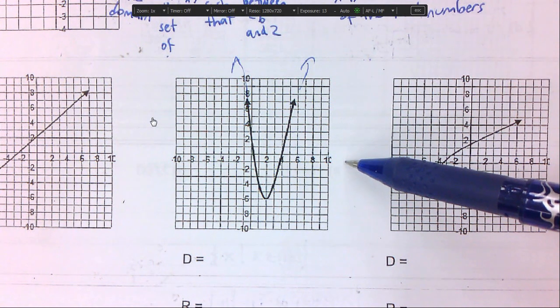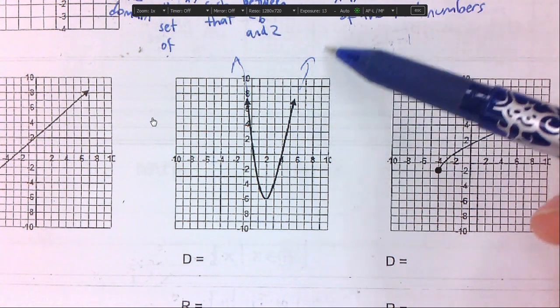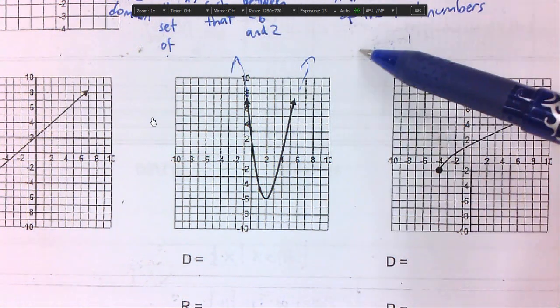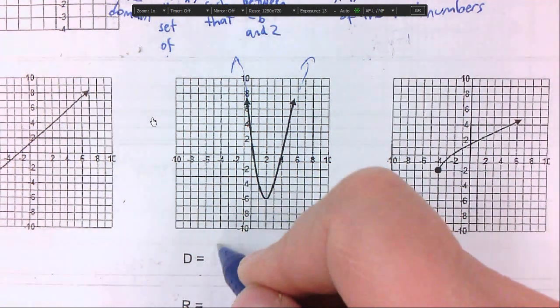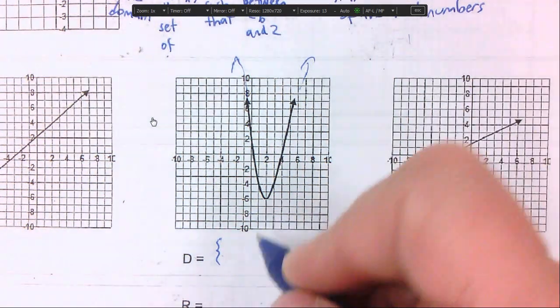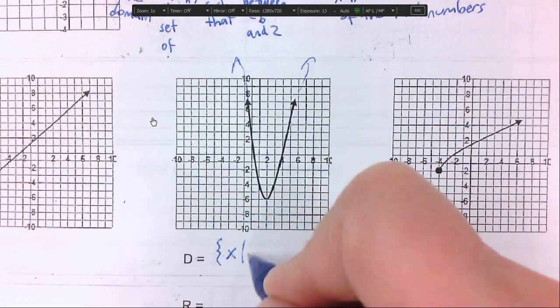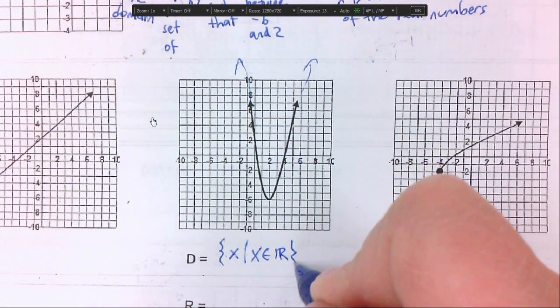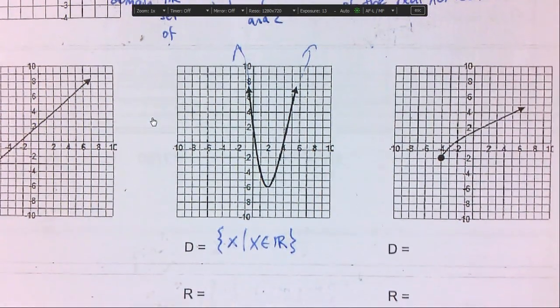If x is 1,000, you will have a point on the parabola because eventually this one will go so far out that it will reach 1,000. So the domain actually has no conditions other than it's really all x's as long as you can find them on a number line. So the domain is the set of all x's such that x is an element of the real numbers, and that's it.